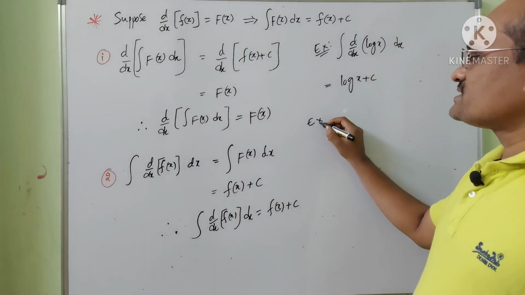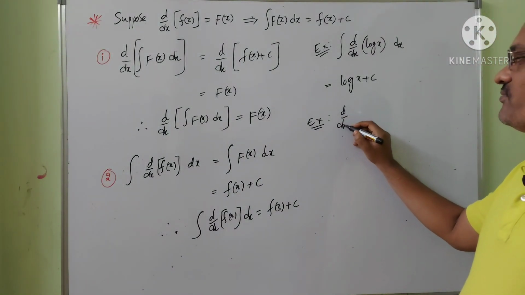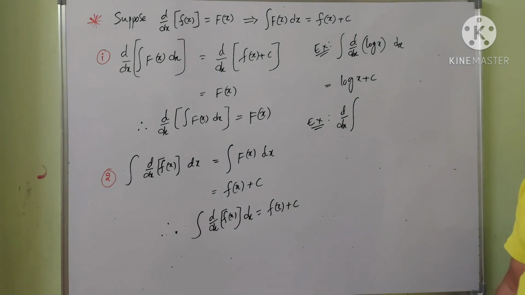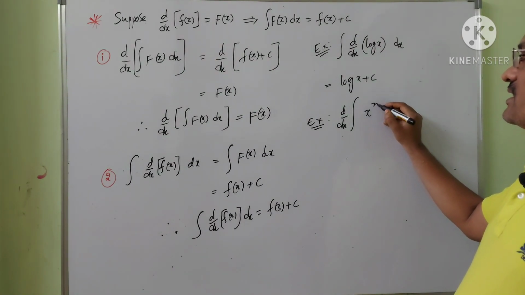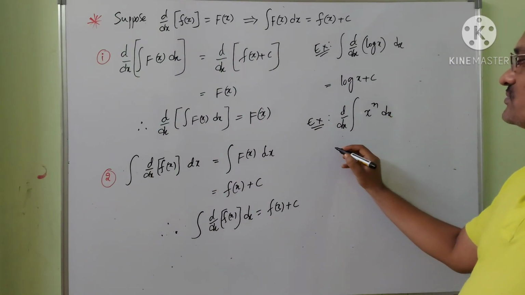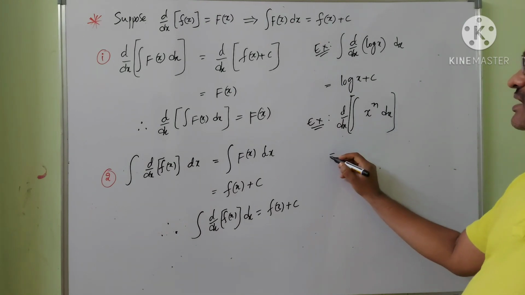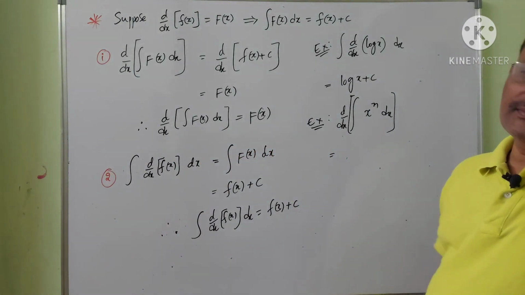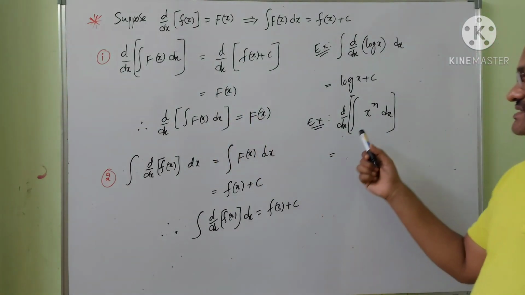Now one more example. d by dx of the integral of x power n dx. What will be the answer? According to the first concept, the answer is f of x.